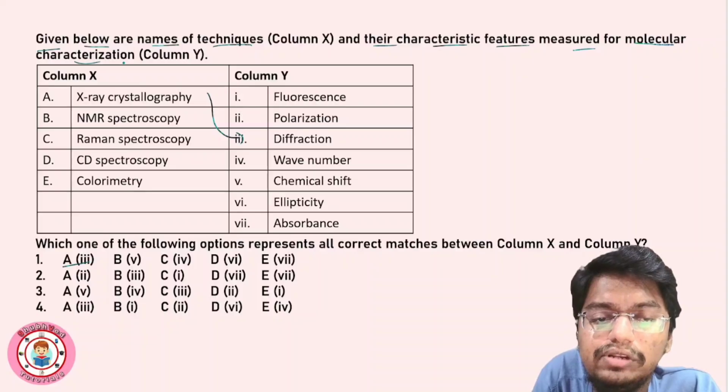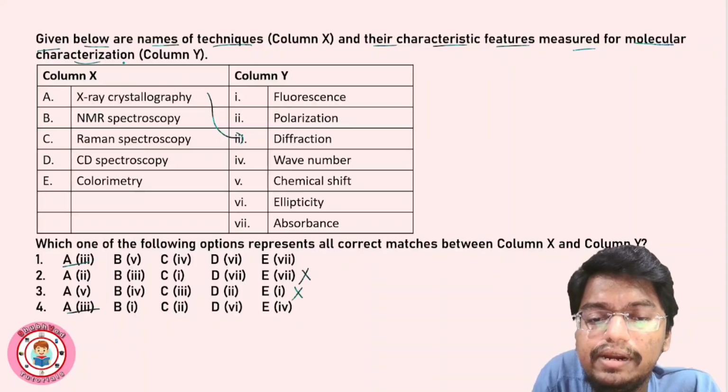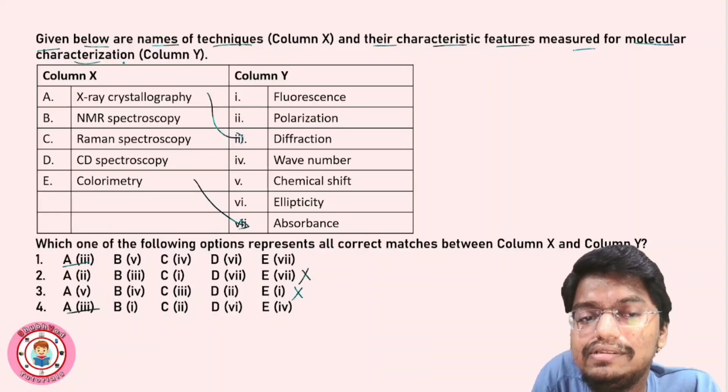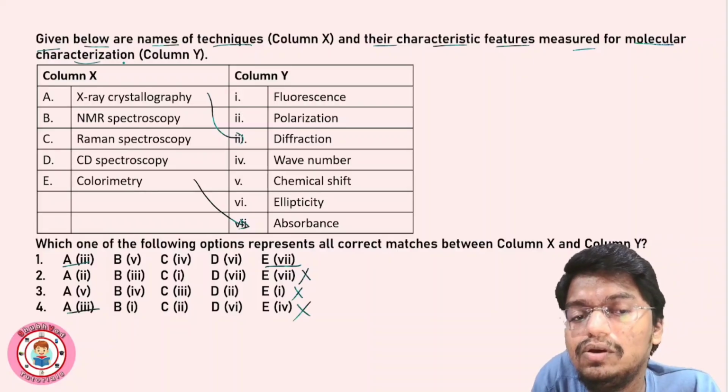A3, option 1 and option 4; 2 and 3 will get eliminated. Then colorimetry, absorbance, right? The principle of colorimetry is absorbance. E7, option 1, right? Option 1 is the answer.